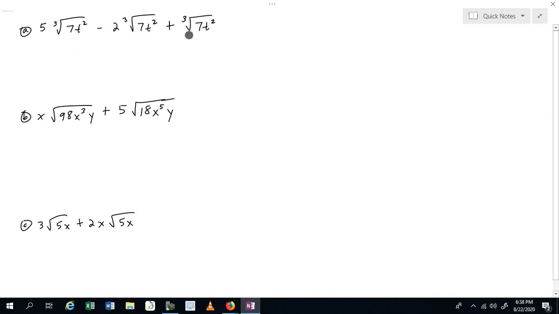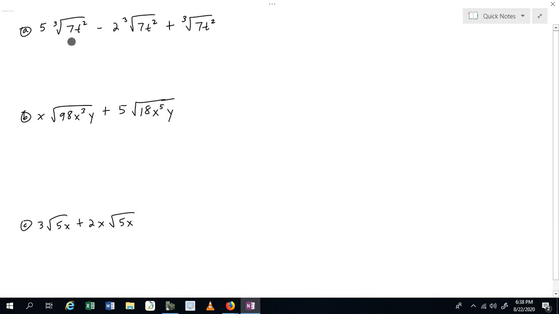These are really like terms, and we can just add up the coefficients to determine how many of these cube root of 7t squared radicals there are. You can see there's 5 minus 2 plus 1 of them, and 5 minus 2 plus 1 would be 4.